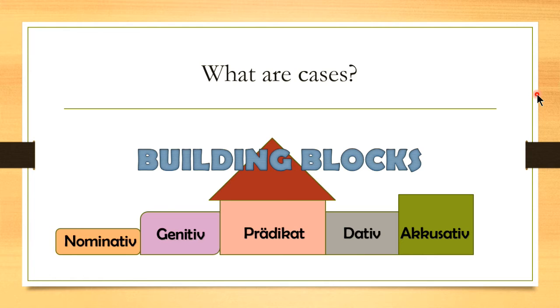And all of the names that they have, like in this example, we have the Nominativ, the Genitiv, the Dativ, and the Akkusativ being the cases, and the Prädikat being the verb, really. These are all Latin words for the functions of the words within the sentence. We're going to get a little bit more into that when we talk about each various case. But for now, just remember that the cases are names for the functions of the nouns within sentences.